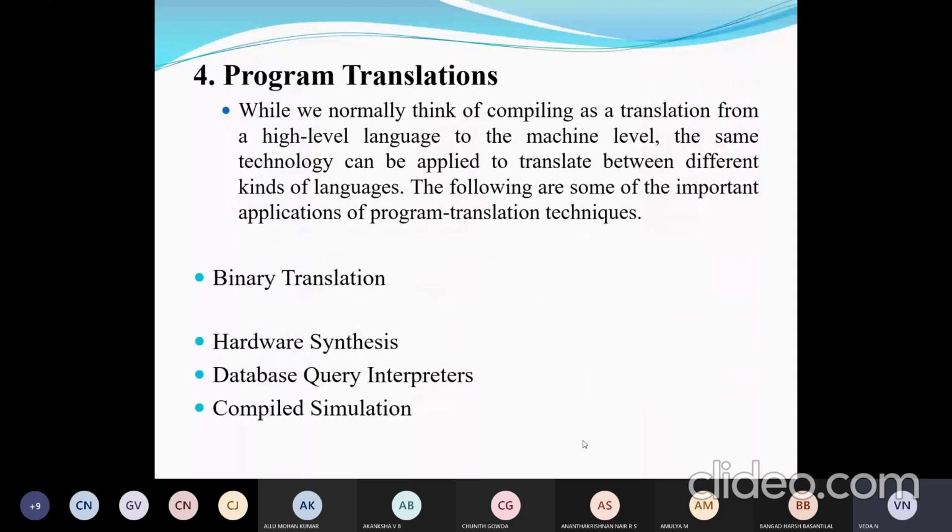And one more application is program translation. Okay, so this is program translation. It is the main application of a compiler. Now, translation from a high-level language to machine-level language. The same technology can be applied to translate between different kinds of languages also.